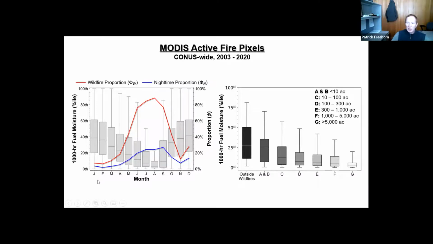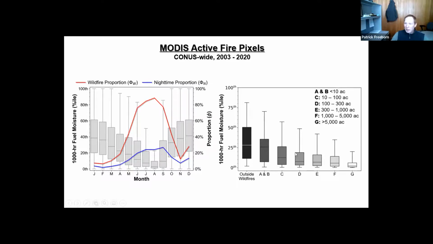So what we see is during January, February, March, and April, when we've got a lot of prescribed fires and agricultural burning out there on the landscape, those are occurring under relatively moderate fuel moisture conditions. Again, as we head into the summer months, MODIS detects increasingly more wildfires, and those, no surprise, are burning during the driest fuel moisture conditions.